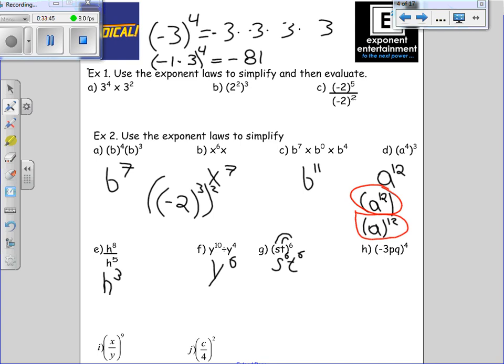So what do you do for the last one? You get c to the power 2 divided by 4 to the power 2, which is 16. Yeah, exactly what Joe's going to say.